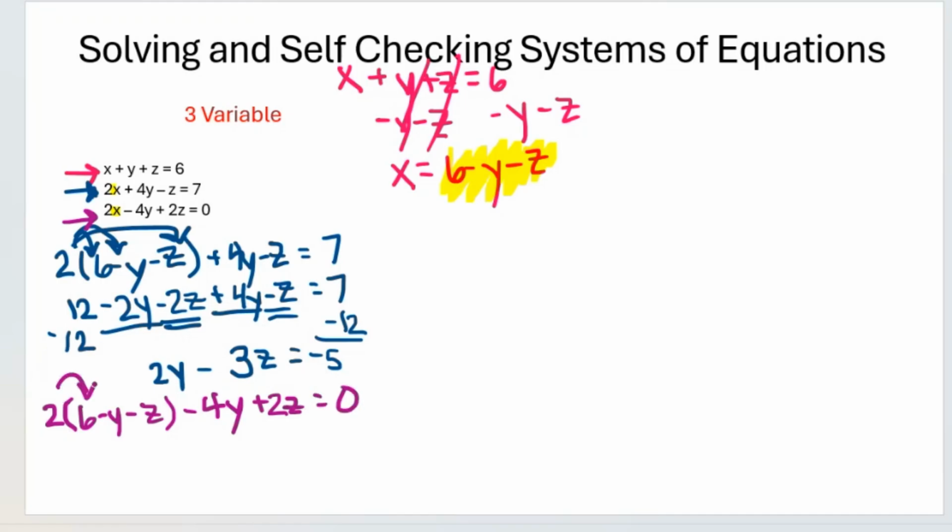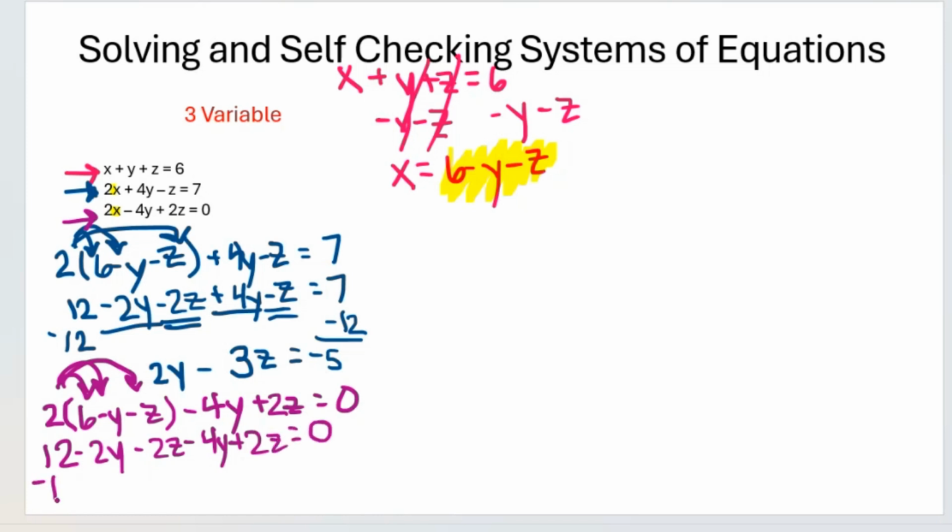Do my distribution magic. 12 minus 2y minus 2z minus 4y plus 2z equals 0.